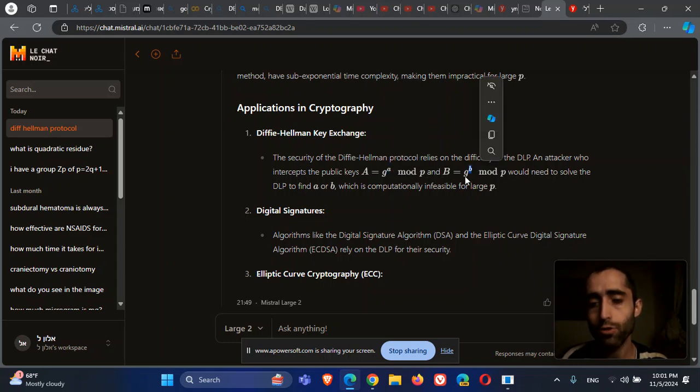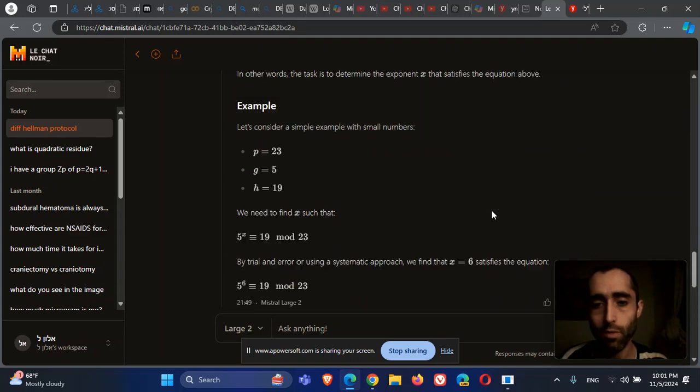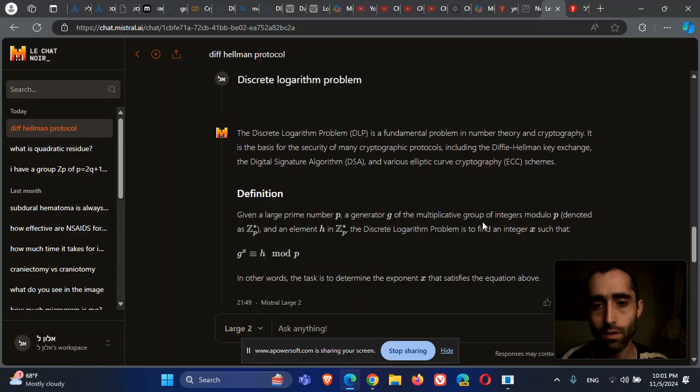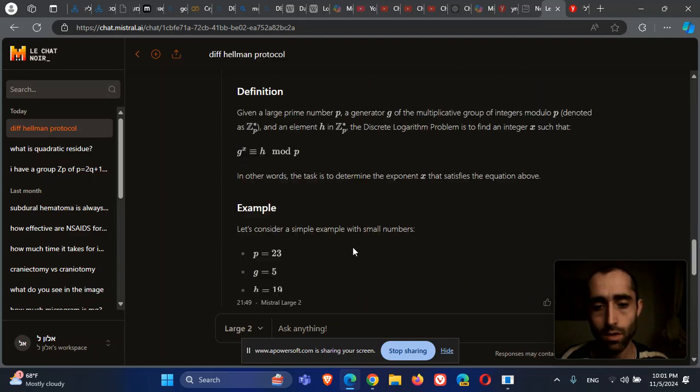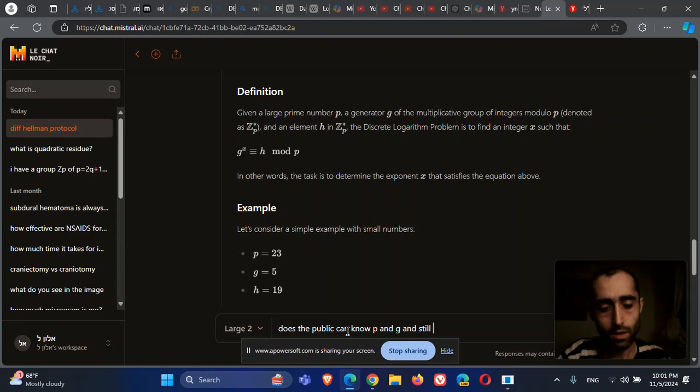Even though he knows G, even though he knows P, because remember that the public can know P and G and still the Diffie-Hellman protocol will be safe.